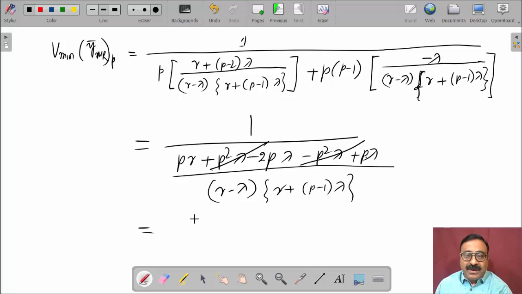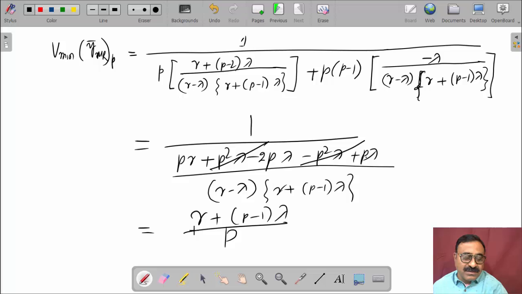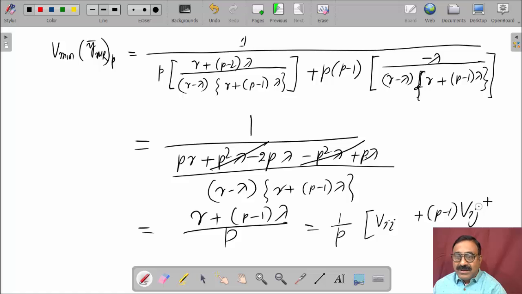So we have r plus p minus 1 into lambda by p. This is equal to 1 by p, r we have equal to VII plus p minus 1 VIJ.